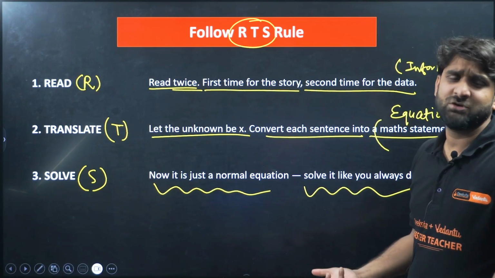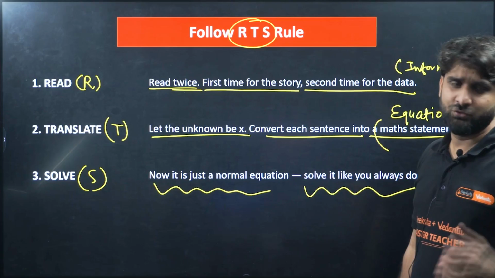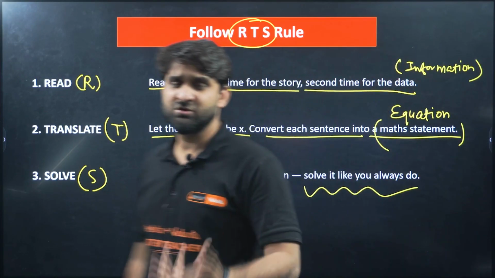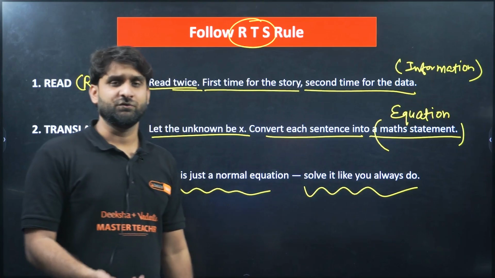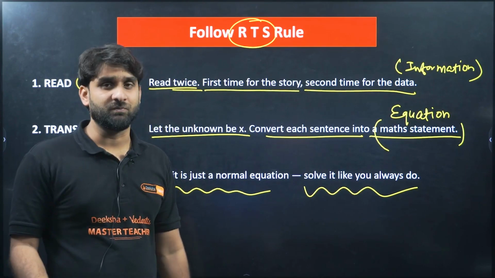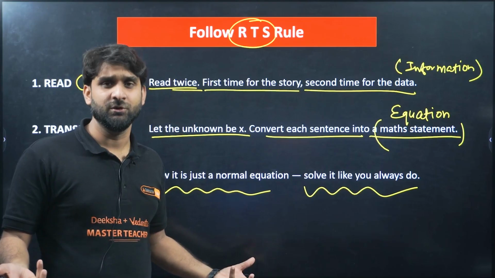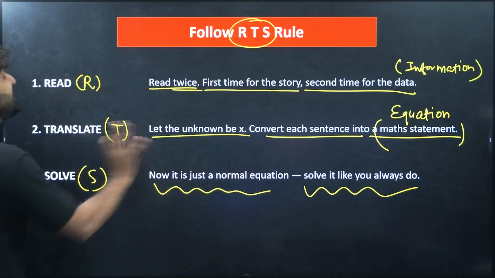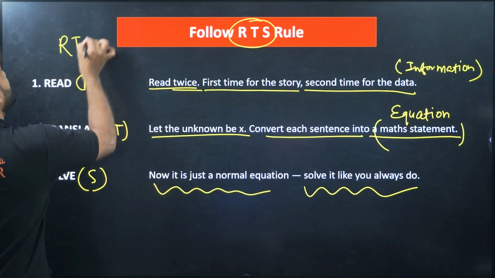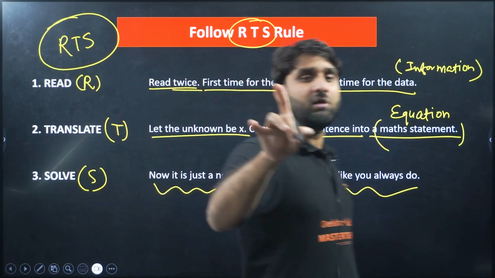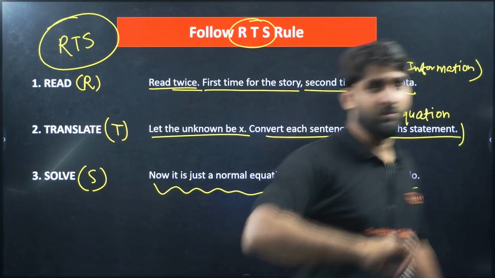You have already done a lot of questions in maths and know how to do operations with the equation. The ultimate goal is getting the equation. So this is the RTS rule. Please, class 10th champions, follow it: Read, Translate, Solve.